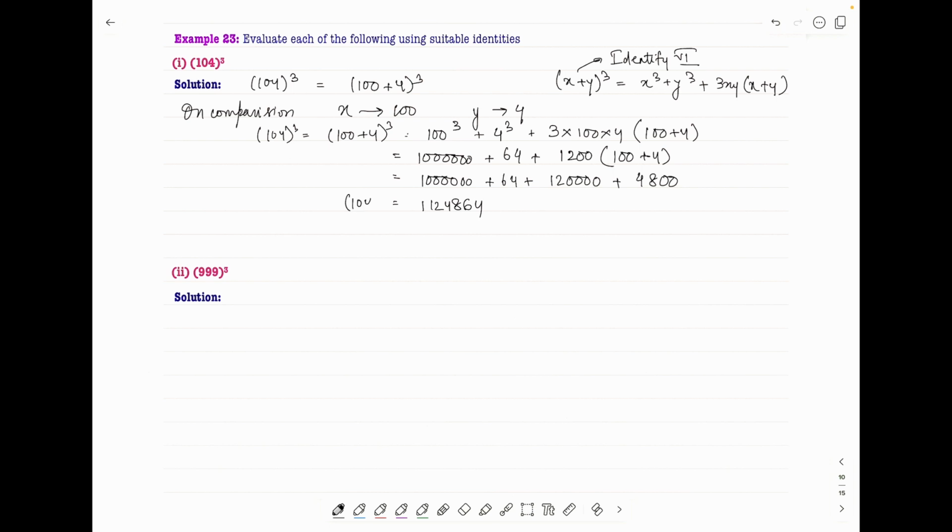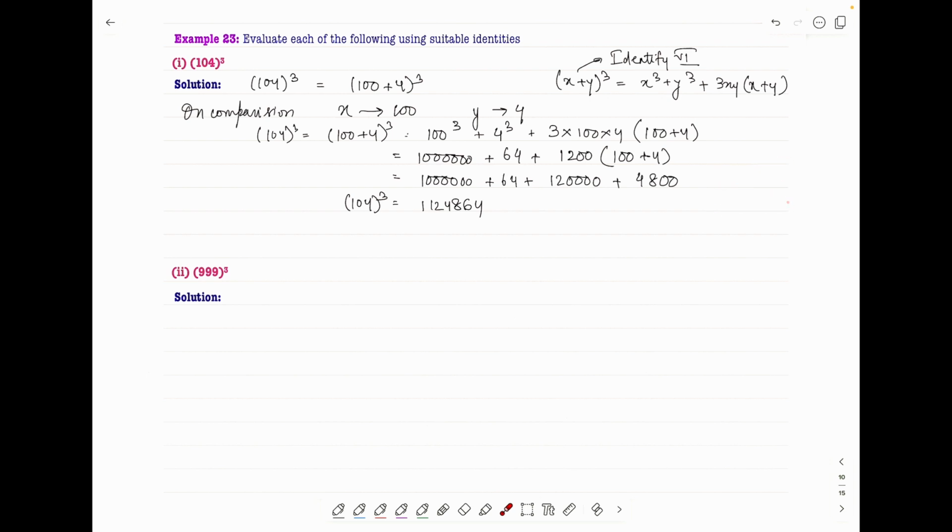How did I find it directly? See, in 104 whole cube, there are 6 zeros and then 1. But after 4 zeros, only one term in lakhs is there, that is 12. So I am going to write 112. If you add 10 lakh to 1,20,000, we get 112 with 4 zeros.